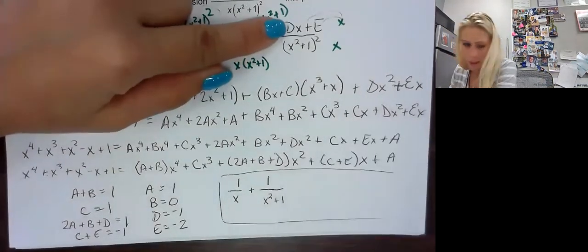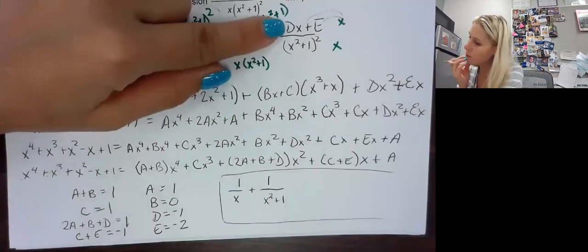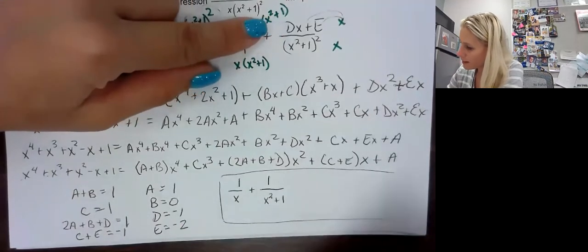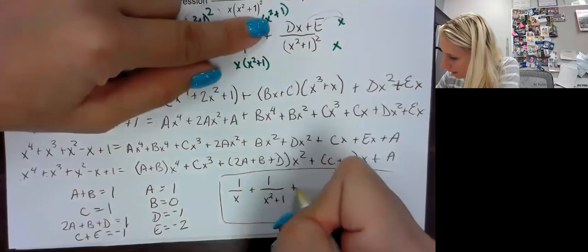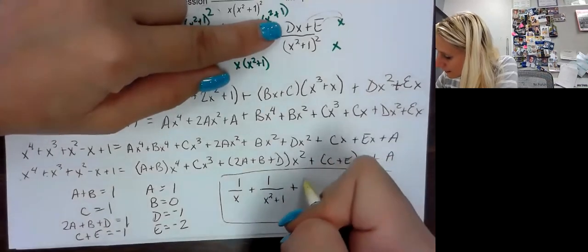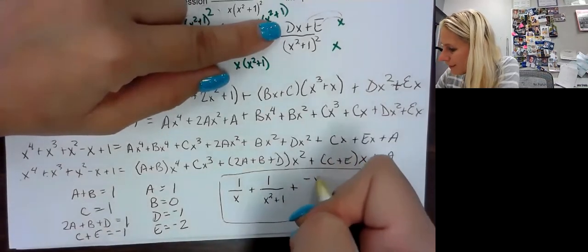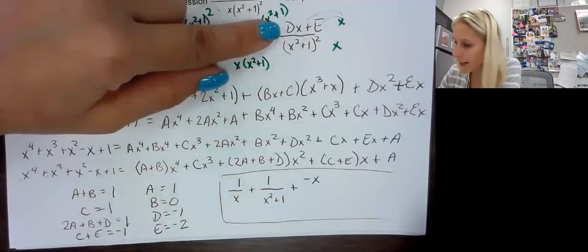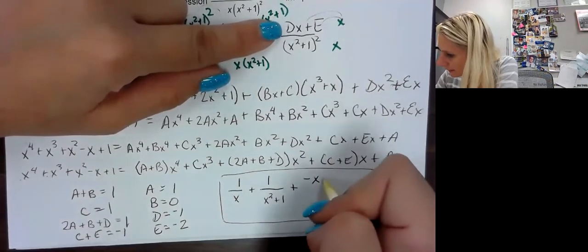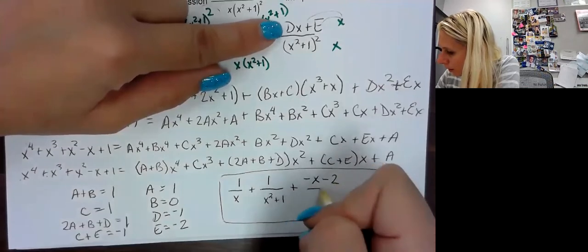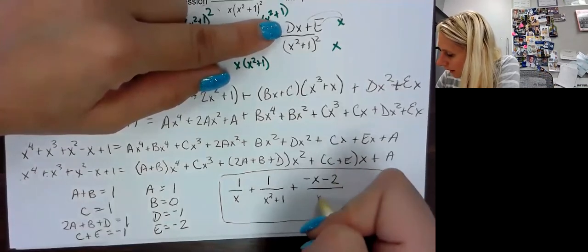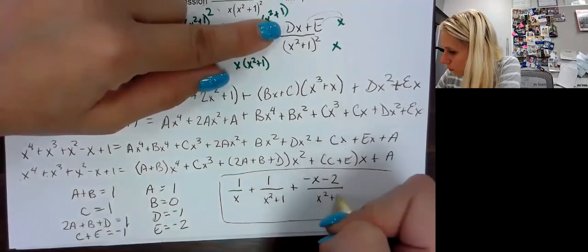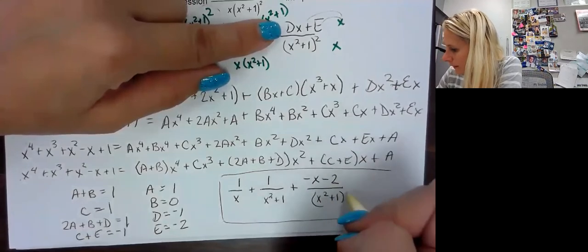Then this one here, but I'm going to be careful with my negatives and stuff, right? So I'm going to say plus, and instead I'm going to say -1x. Now you don't need to say -1. You could say -x, and then E is -2 all over x squared plus 1 squared.